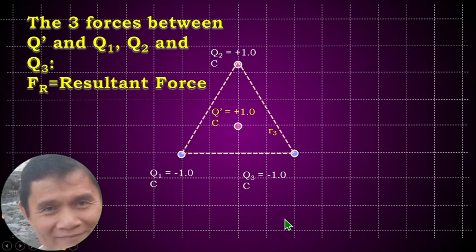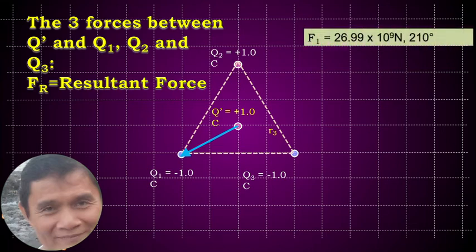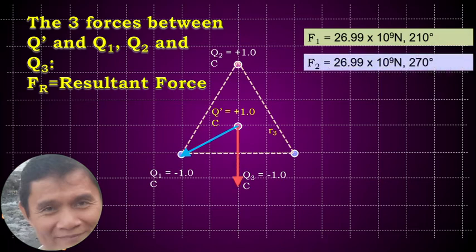So what is the final answer for all three vectors? For Q1, 27 times 10 to the 9, 210 degrees. The other one, F2, is 26.99 or 27 times 10 to the 9, going down at 270 degrees.